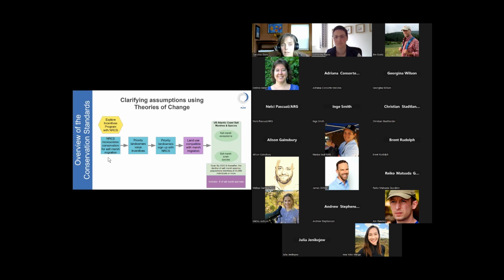We want to know really, do we have any evidence that this particular strategy is being effective? So we're going to want to look at things along here. So perhaps we have an objective tied to here that NRCS is going to incorporate a menu of practices that address salt marsh migration, and your indicator drops right out of that.